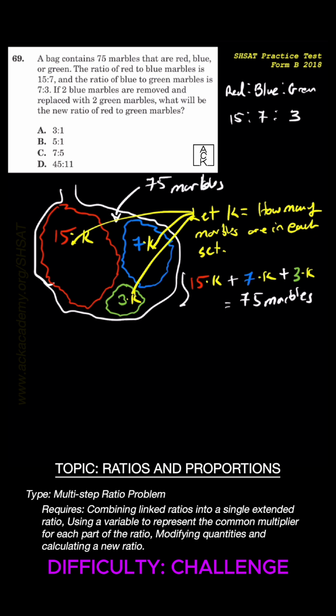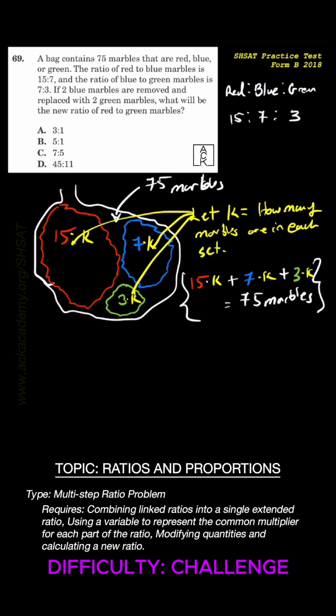Okay, so this is really important to understand. We don't know how many red marbles, we don't know how many blue, and we don't know how many green. We just know that the ratio is 15 to 7 to 3, and we know that if we multiply each of these sets by k, we can figure out, given that we have 75 marbles, what that k would equal.